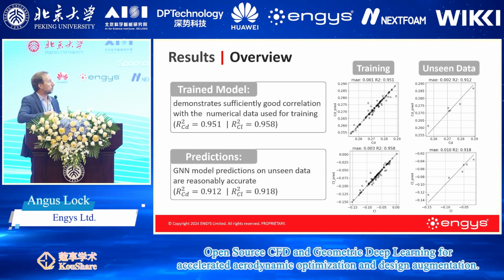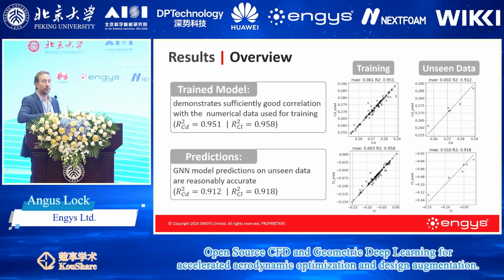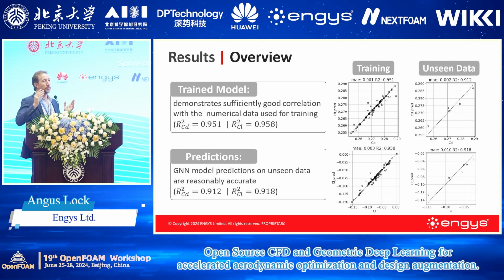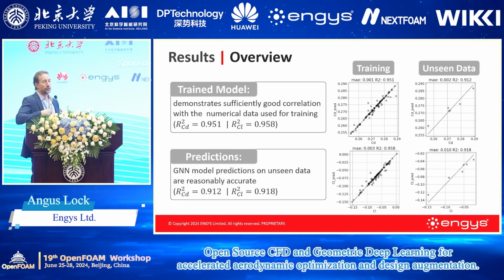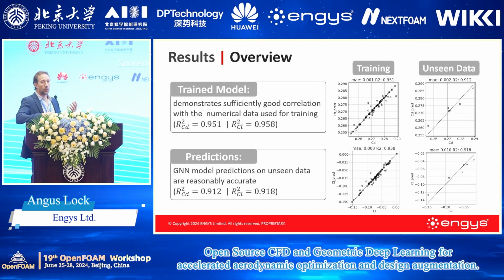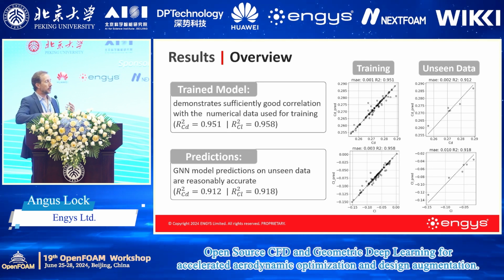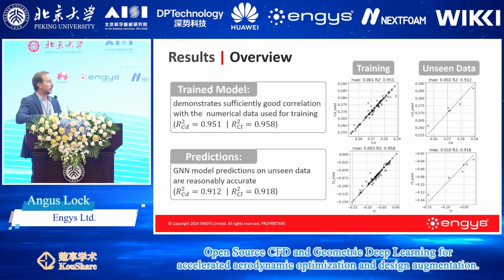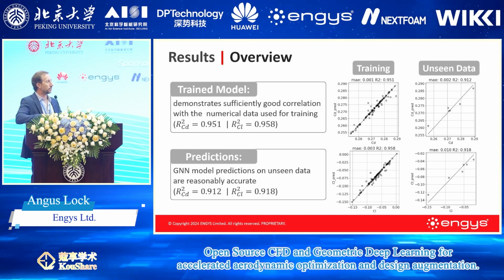There were a couple of outliers, one here and one here, which were closer to 3%. In those cases, it was because parameters had moved sufficiently to generate a new flow structure. And so again, if we wanted to improve that prediction, we could do some transfer learning to refine the graph neural network around those specific flow structures that weren't present in most of the training data set.